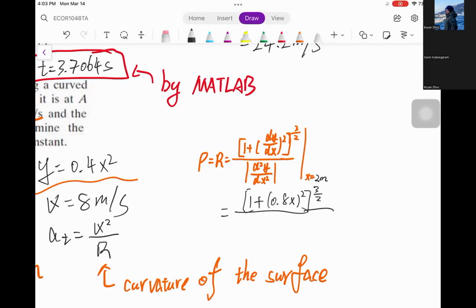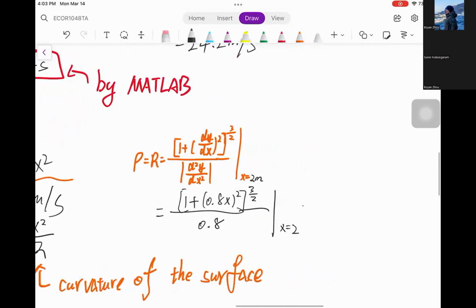On the bottom side is equal to 0.8 because x is going to disappear. And then evaluating when x is equal to 2, plugging in x equal to 2, so it's going to be 1 plus 0.8 times 2.